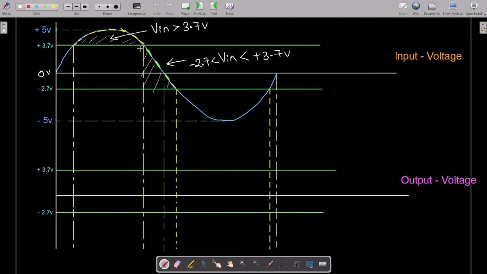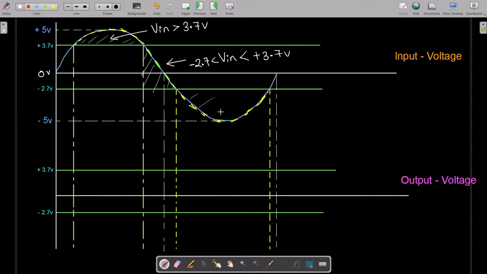Then this waveform which I shaded in green color: here V in is greater than minus 2.7 volts, but at the same time V in is less than plus 3.7 volts. That means I'm talking about this waveform. And the last is this one, which I shade with white color.